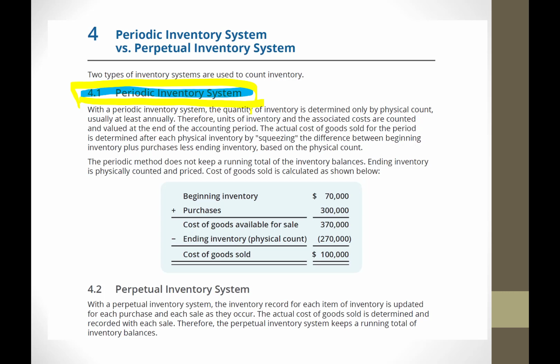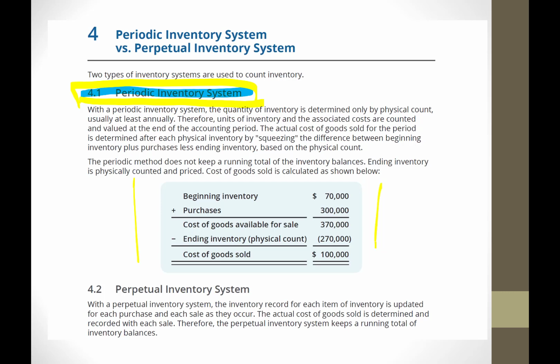Okay, good. Because sometimes when I teach intro with non-accounting majors, I barely talk about periodic. I just talk about perpetual, because most companies these days use perpetual. But for an intermediate class, yes, you have to know how to calculate the cost of goods sold using the periodic method.